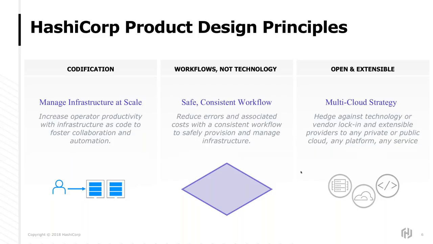And then finally, our solutions, including Terraform, are open and extensible. So in the case of Terraform, there's the Terraform core, and then there's also providers. And we write some of those providers, but partners create some of those, and customers can create their own providers. So all of our products have a plug-in type architecture, and this protects you against changes in technologies.